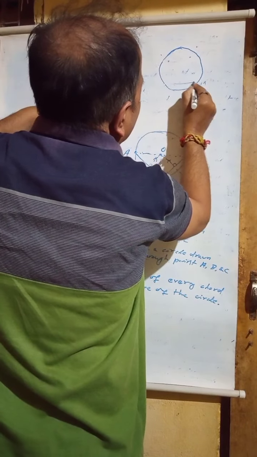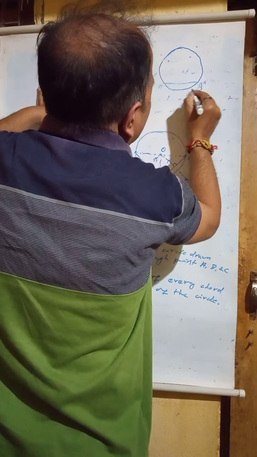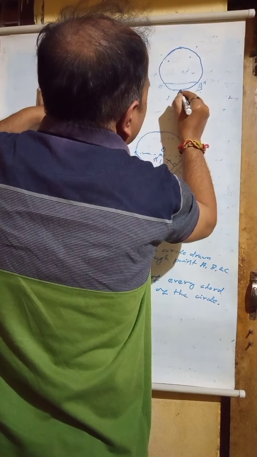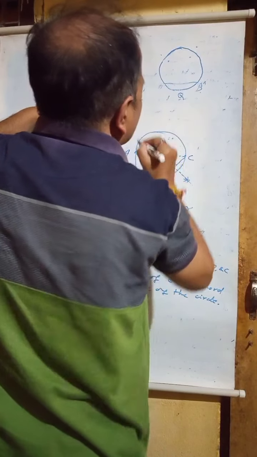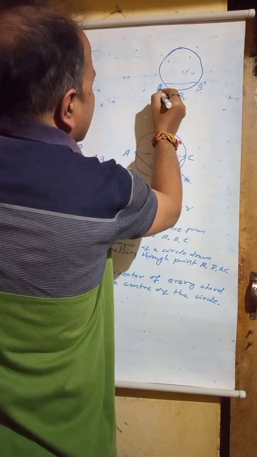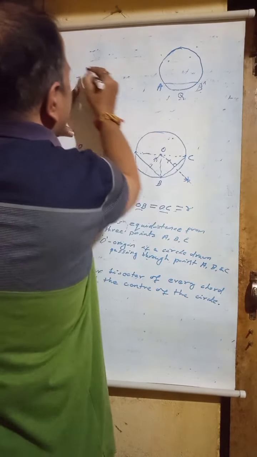This is the chord AB. Let the other point be Q. So AB is the chord.